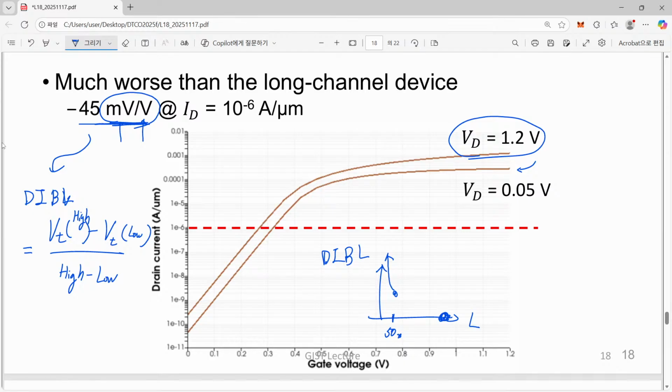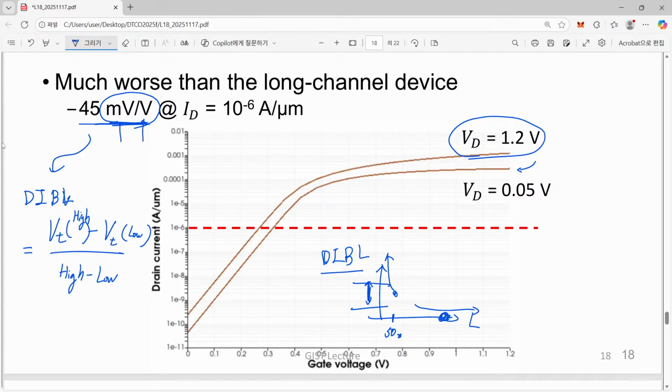However, channel length cannot be reduced any further. If the only concern is DIBL, then the answer is quite simple: we have to use a very long channel device. However, that does not give us the engineering solution. We have to minimize, so we must compromise at a certain point.